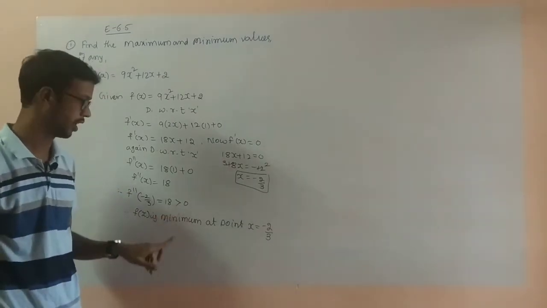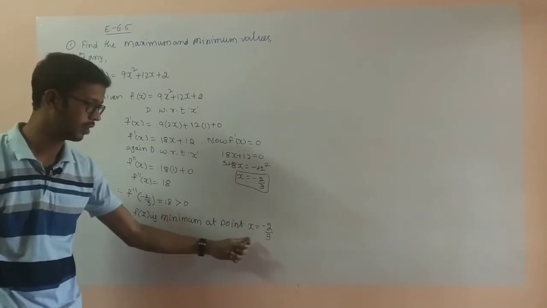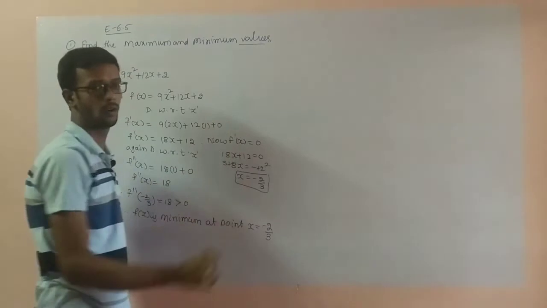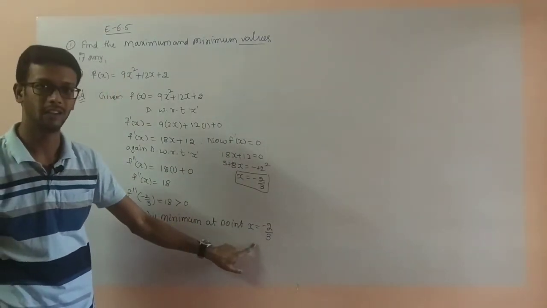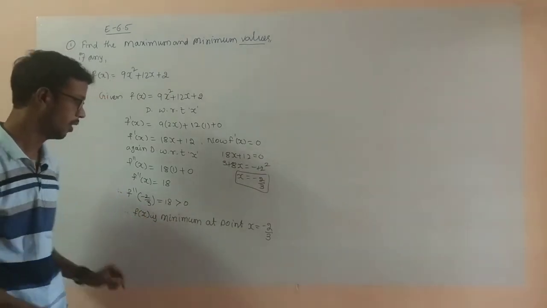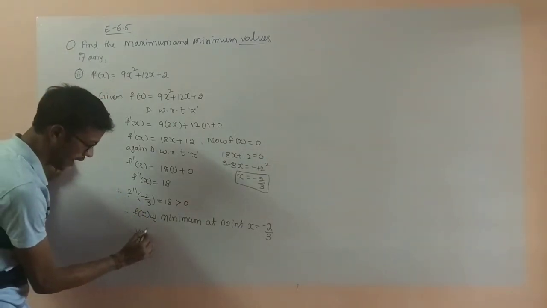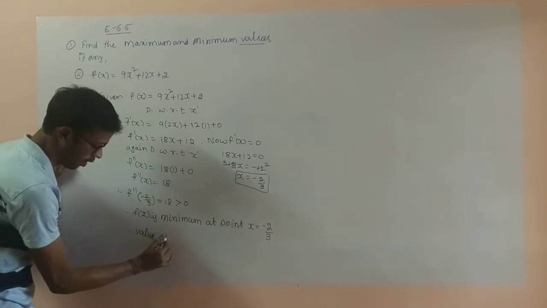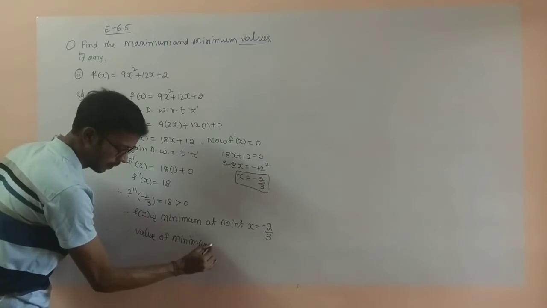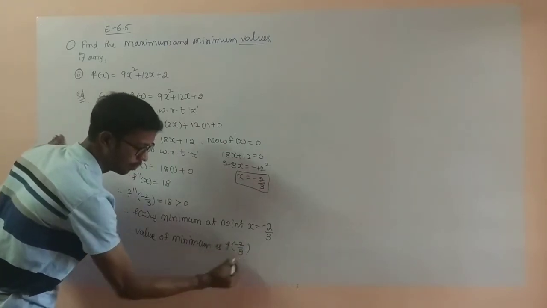Greater than 0 getting means you write the minimum at that point. The question is also asking for the value, so we have to find the value also. This is the point of minimum. So now we have to find, therefore, the value of minimum is f of minus 2 by 3.